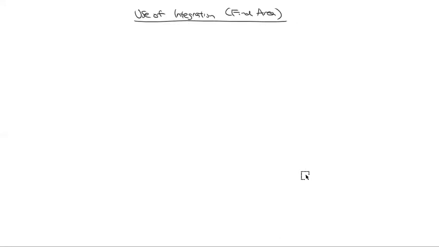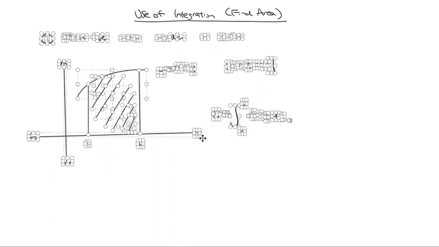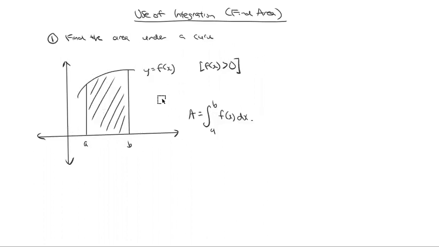Now, we've also talked about something similar. The other very similar one, of course, is just the y version, which is, again, find the area not so much under a curve, but to the left of a curve.